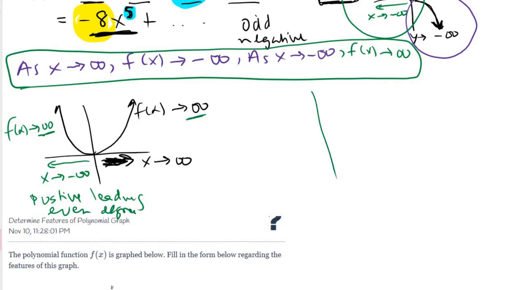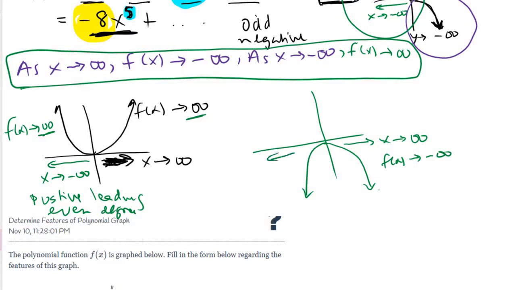If you're given the other one that's a negative leading coefficient and even degree, so as x is going to infinity, you can see f of x will be going down to negative infinity, and as x is going toward negative infinity, f of x will be going toward negative infinity as well. Okay, so the same idea you can use to analyze the other ones.